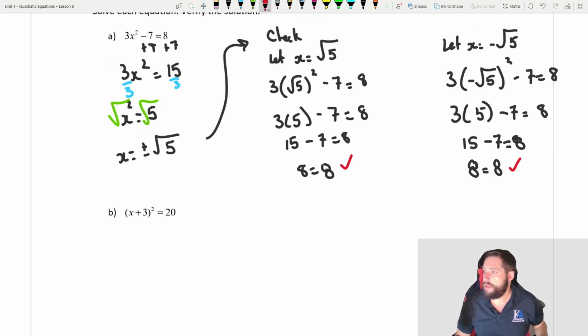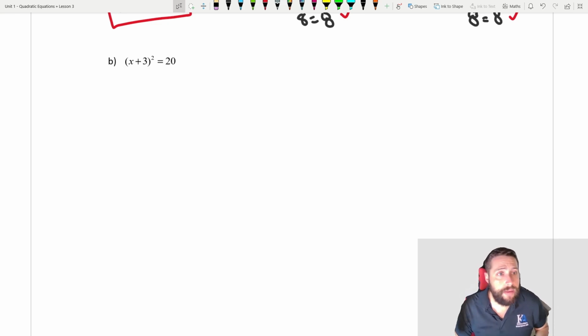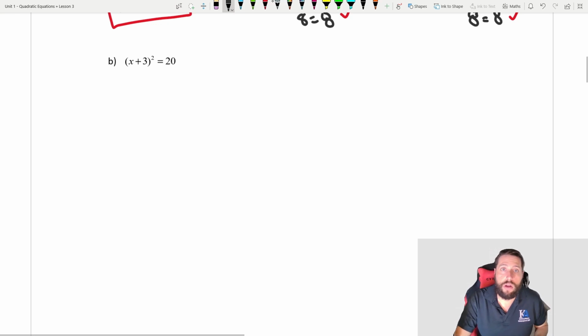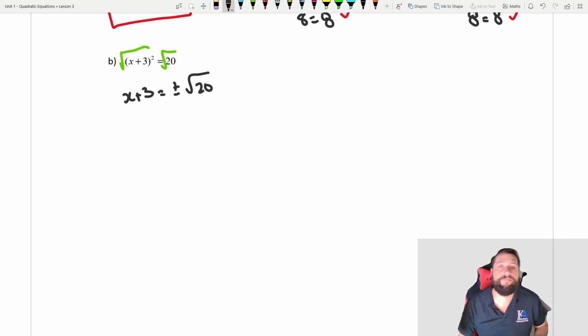Okay. So there. Moving on to B, we have x plus 3 squared is equal to 20. So again, by the square root rule, we will take the square root of both sides. So that means we have x plus 3 is equal to positive or negative root of 20.